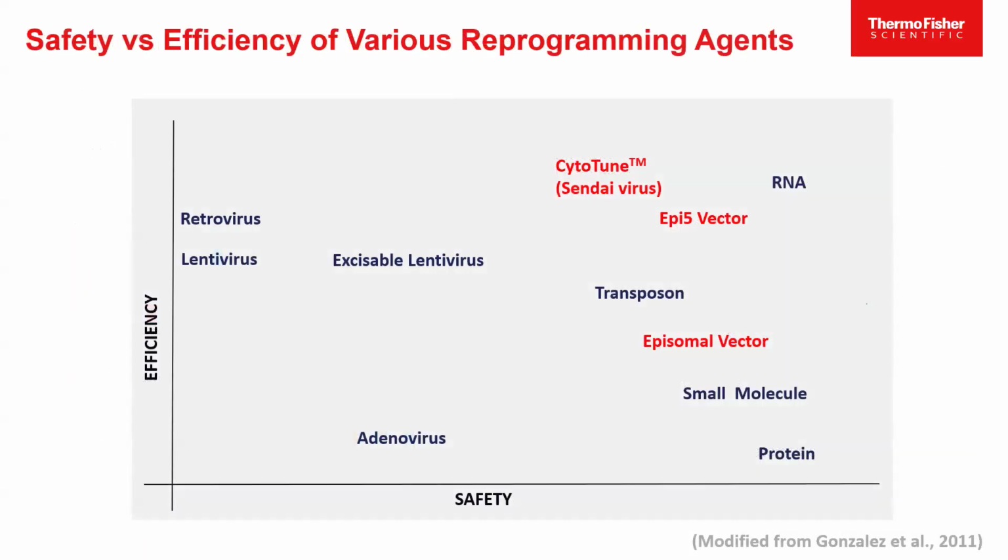And if I were to give you some advice around how to pick your method, typically the two most important things that I like to frame are safety and efficiency of your method, right?